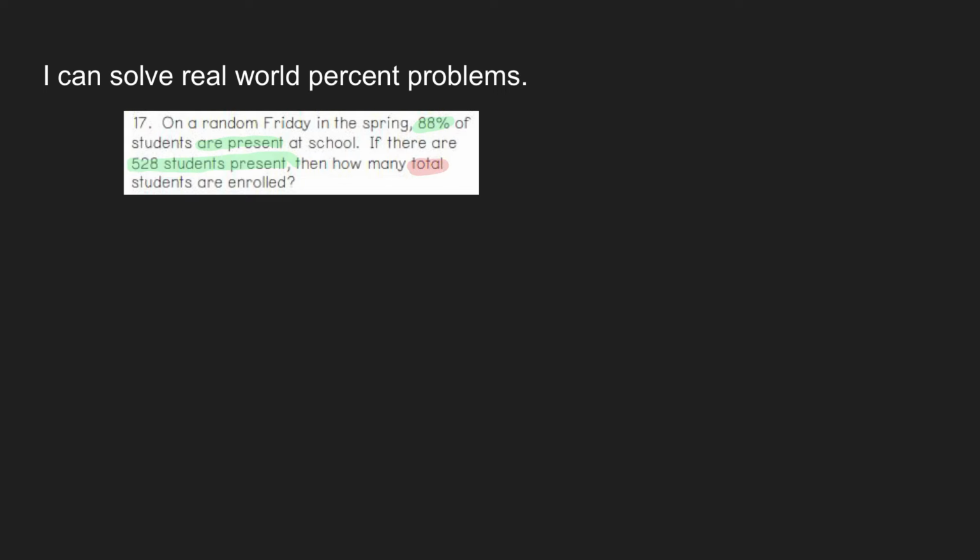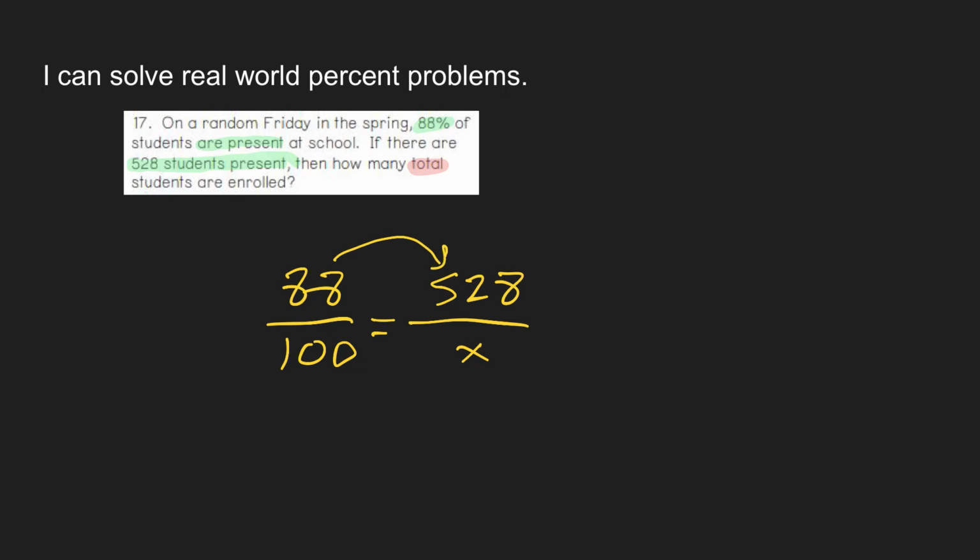All right. Well, let's set this up. Hopefully it's not too bad. So if 88% and 528 and you're looking for the total. Okay, so we just got to figure out maybe how we got from here to here.